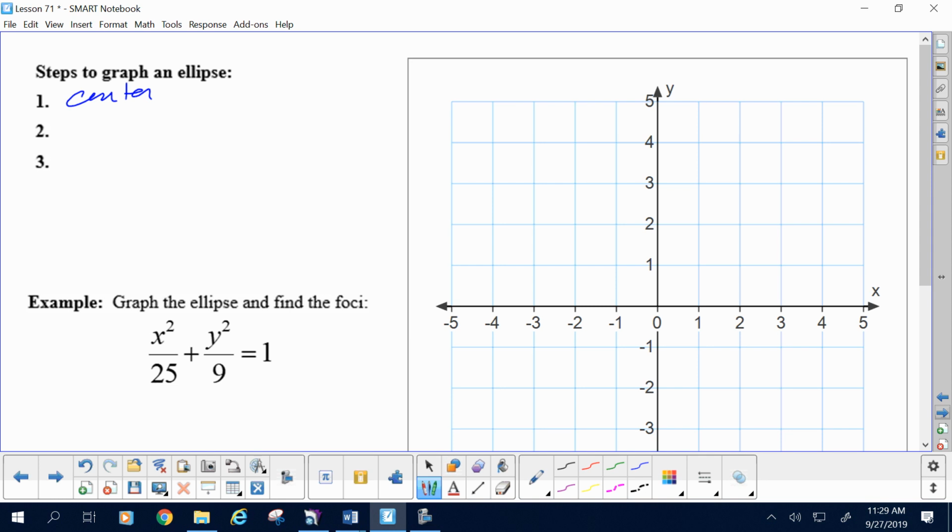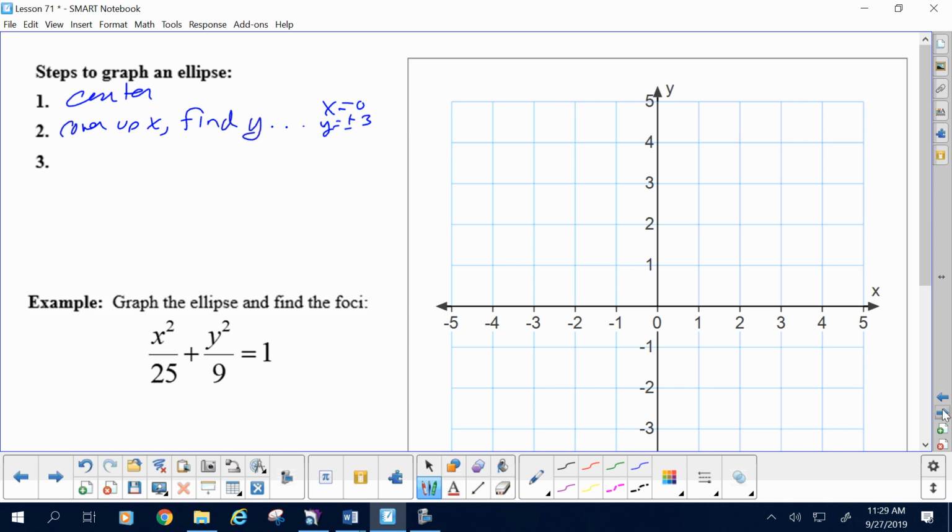Then I would love it if you mentally cover up X, find Y. You're not going to do that very long, maybe 3 seconds. When X is 0, Y would have to be plus or minus 3.